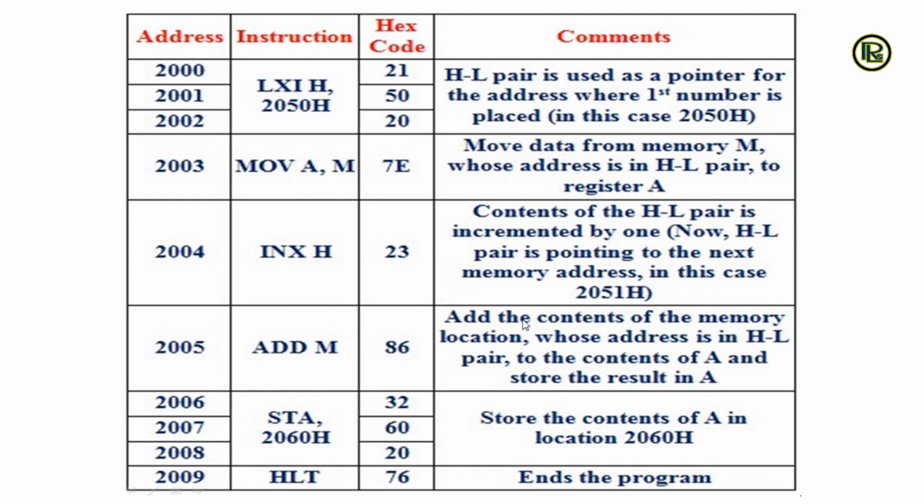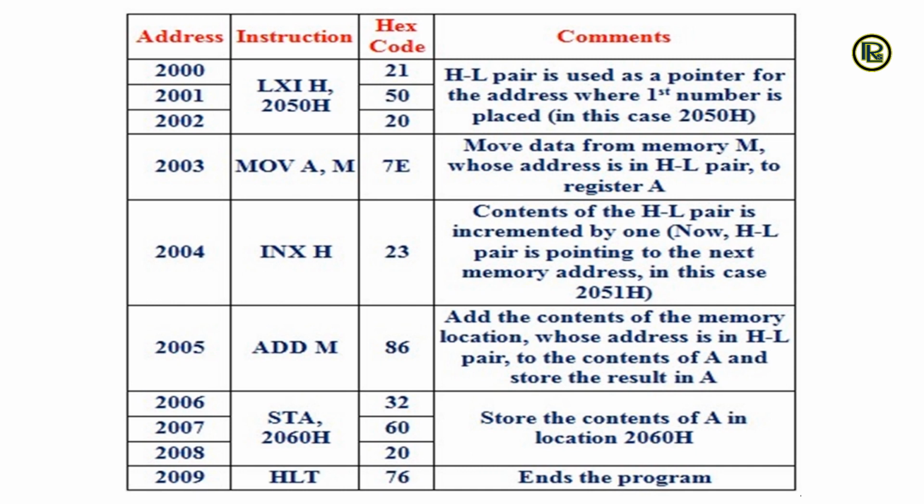During addition, add the contents of the memory location whose address is in the HL pair to the contents of A and store the result in A. Finally, to end the program, we have the instruction HLT and the corresponding hex code is 76.